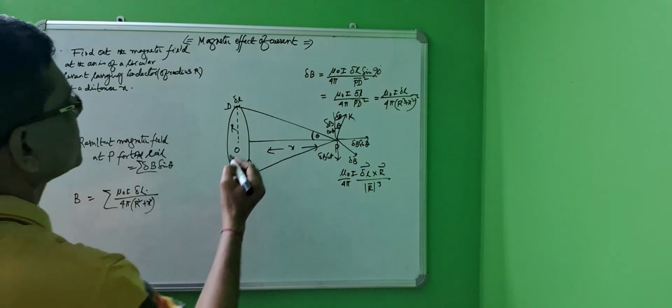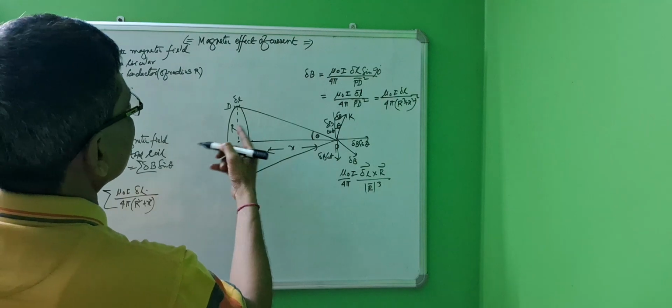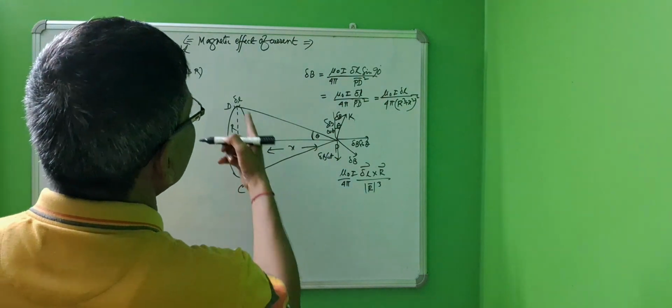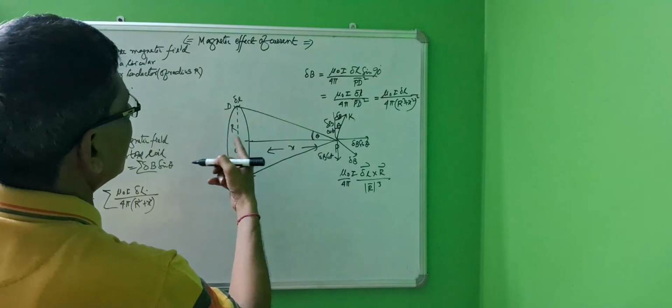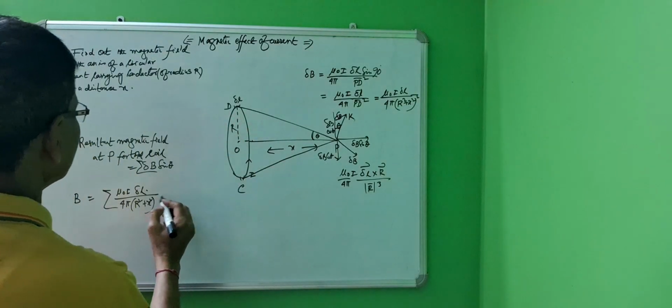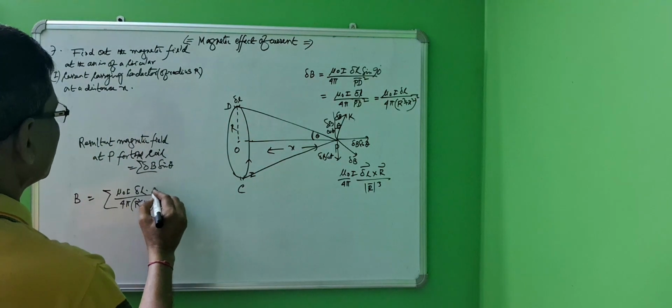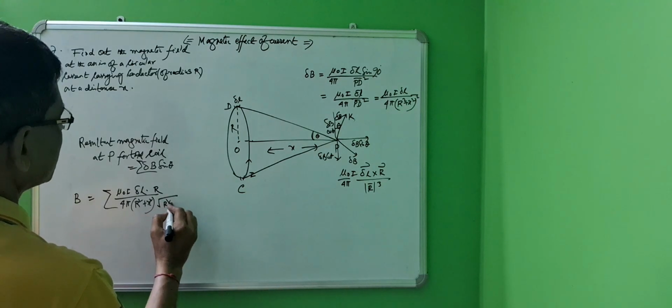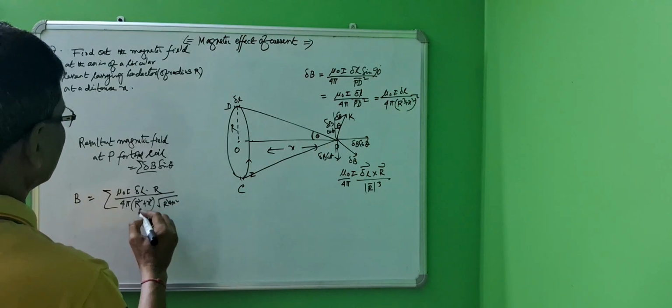Now sin theta, what is sin theta? Sin theta equals r upon this vector, r upon this PD length. So r upon PD length means r over root of r square plus x square.